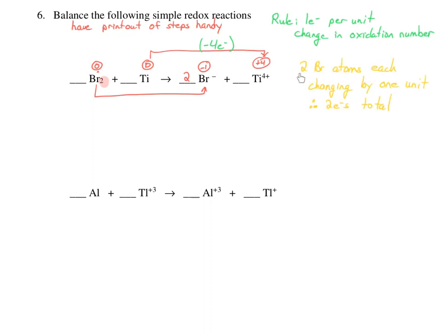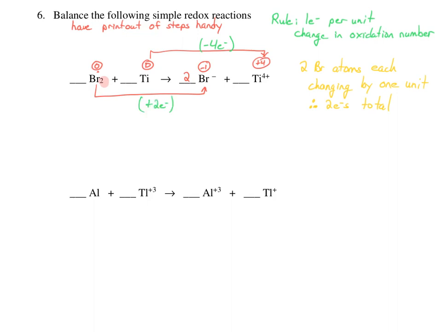When we look at bromine, we see there are 2 bromine atoms, each going from 0 to -1. So this reduction is going to involve 1 electron per atom of bromine. So we have 2 atoms of bromine, 2 electrons are going to be involved in total.